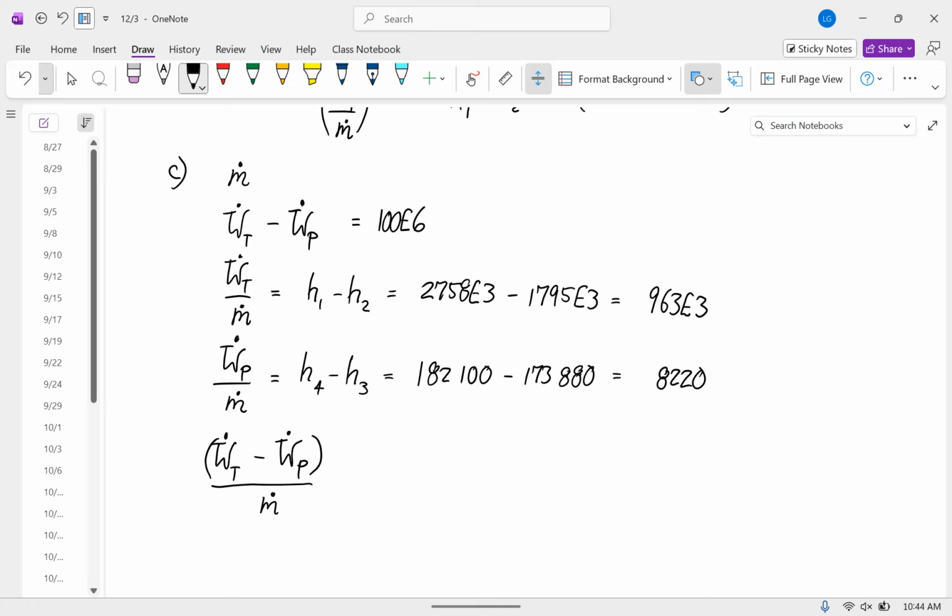And then times m dot is equal to 100 times 10 to the 6. No. What am I doing? Okay, I'm all right. So this is just rewriting this stuff. So this is equal to 963 times 10 to the third minus 8220.